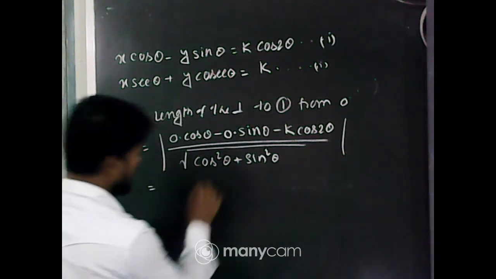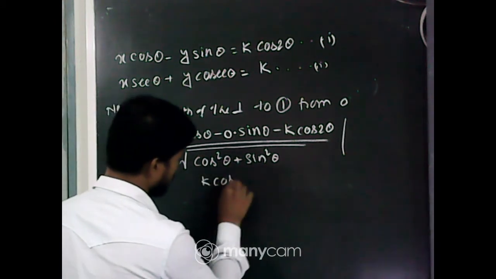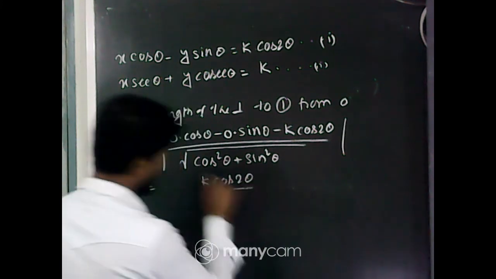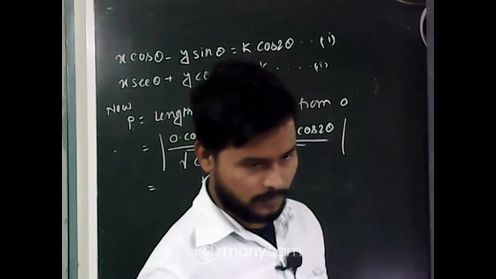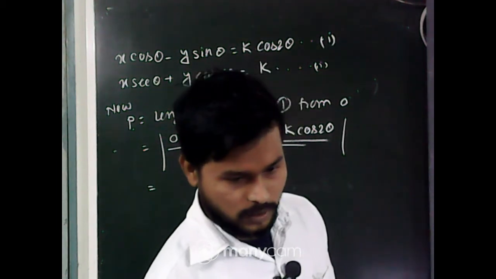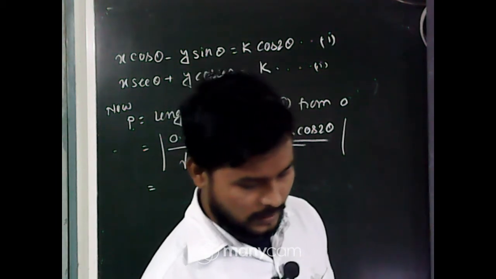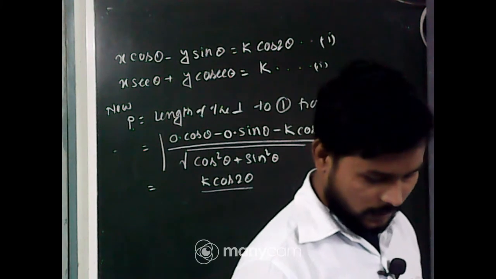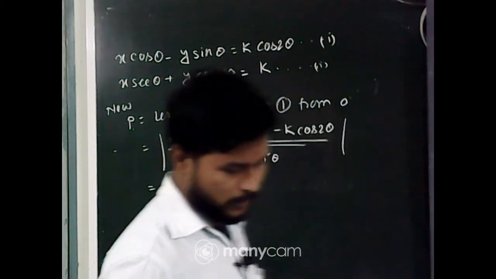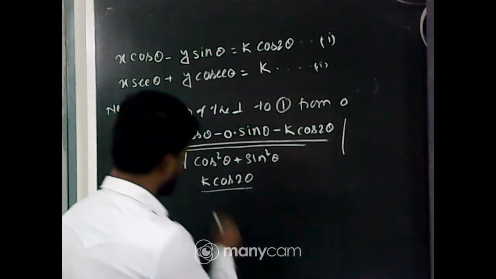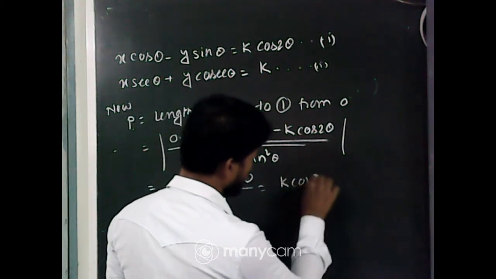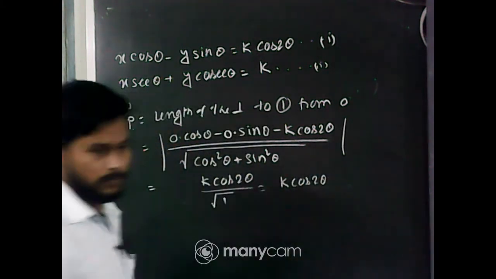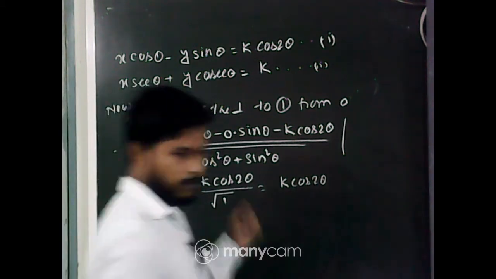So, which will be k cos 2 theta divided by the root over of sin square theta plus cos square theta, which is equal to 1, isn't it? So the final answer will be k cos 2 theta by root over of 1, that is k cos 2 theta. This is the value of p.